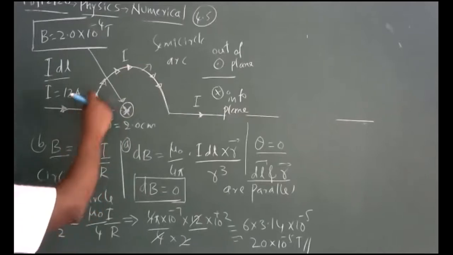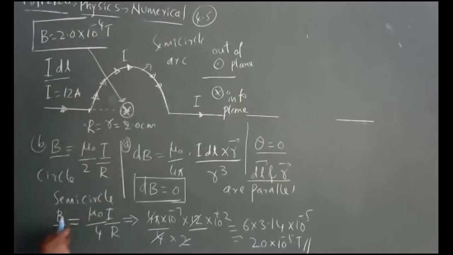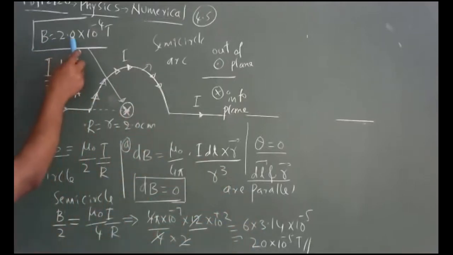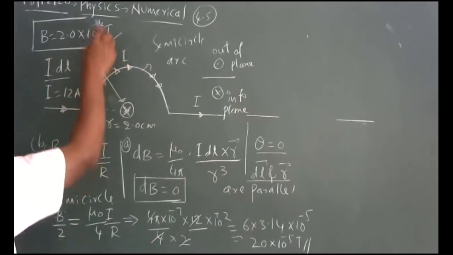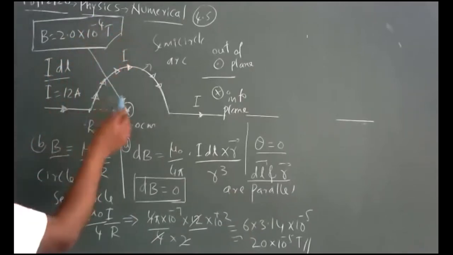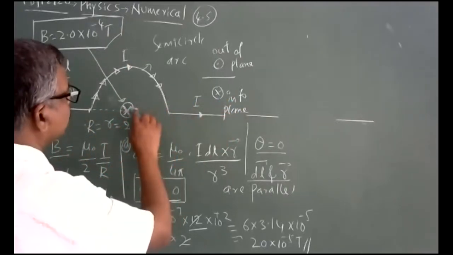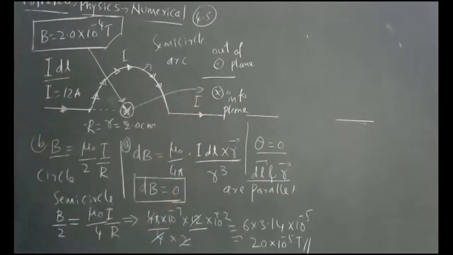Since it's a semicircle, the individual contributions become B by 2. B by 2, once you calculate, becomes 20 into 10 raised to minus 5, or you can say 2 into 10 raised to minus 4 Tesla. That is going to be a small magnetic field at the center, and its direction is into the plane I have written. This is going to be one of the interesting parts.